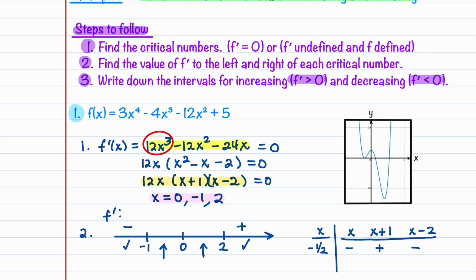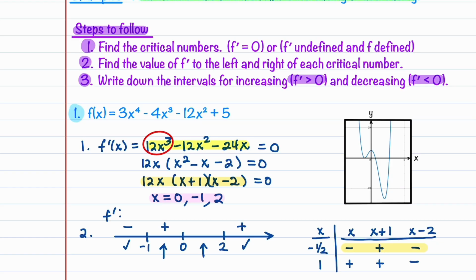Now let's pick a point between 0 and 2. I think the easiest point is 1. So 1 is positive, 1 plus 1 is positive, and then 1 minus 2 is negative. In the region between -1 and 0, we have a negative times a positive times a negative, so that's going to give us a positive.